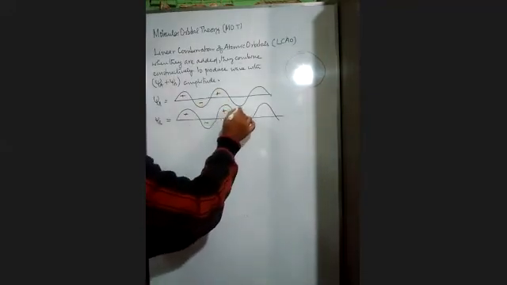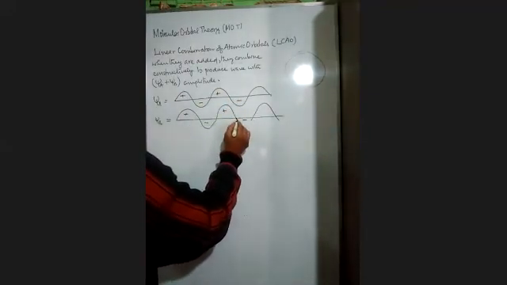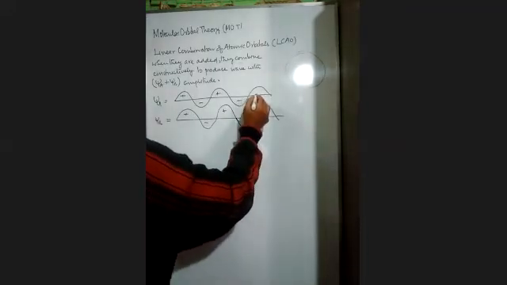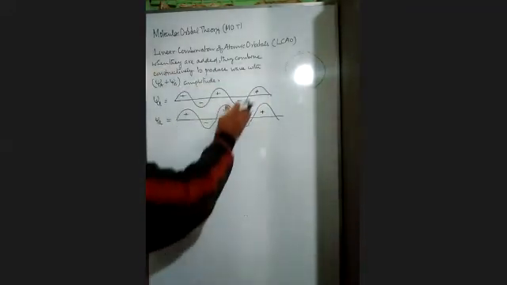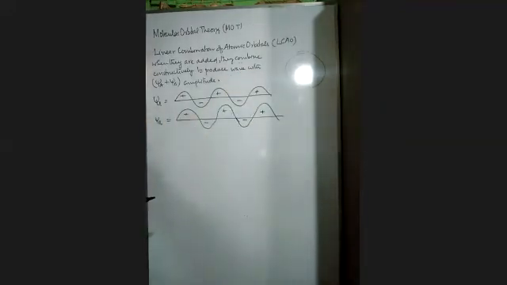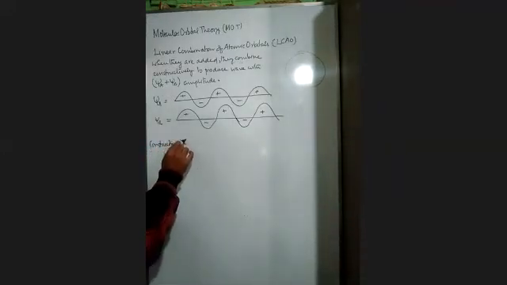When they're in the same phase, they will be added. So when you add them, what will happen? The amplitude is going to increase. So in this case, I write down here constructive interference.